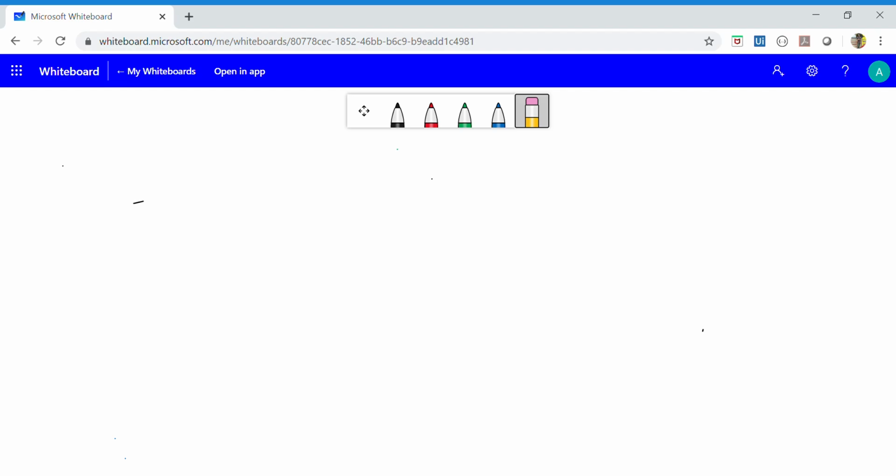Now coming to 90 degrees. This is the initial ray, and 90 degrees means it will be like this.